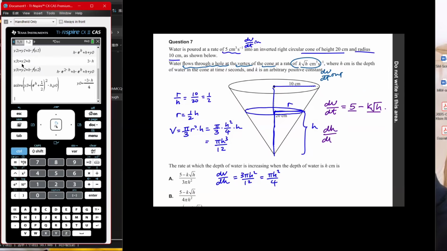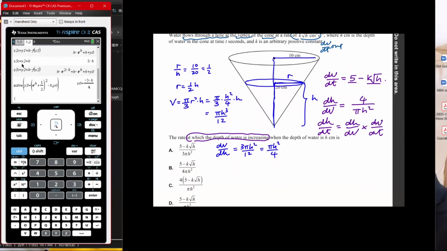And my dh/dV is going to be 4 over pi h squared. You can get the rate at which the depth of water is increasing, dh/dt equals dh/dV times dV/dt, something along this line. Then you just multiply this by that. Option C looks like the correct answer.